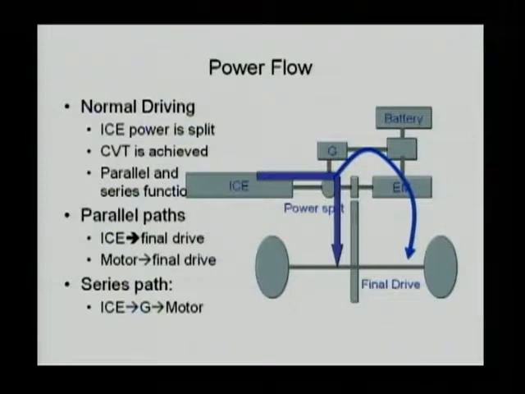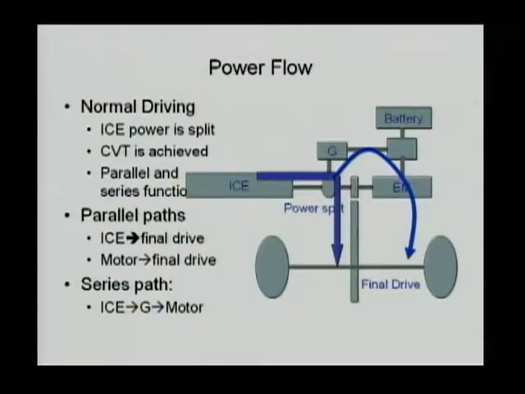That power from the engine is split between ring gear and generator, or ring gear and sun gear. The ring gear power goes directly to the final drive. The sun gear power goes to the generator, which generates electricity, and that electricity is delivered to the motor and battery. Normally, in this case, the battery is idle, so the electrical motor is using that power to drive the vehicle. Now, the battery can be charged at times.